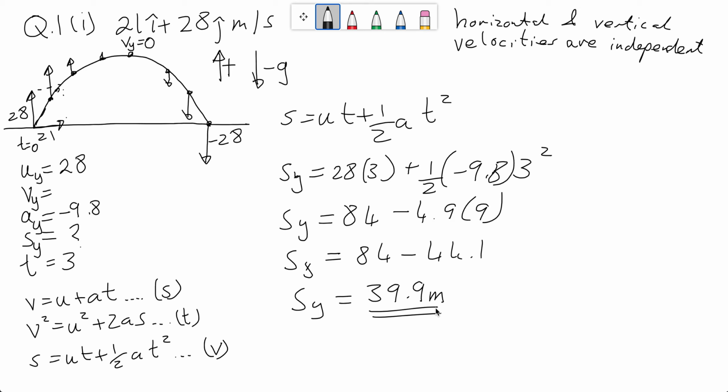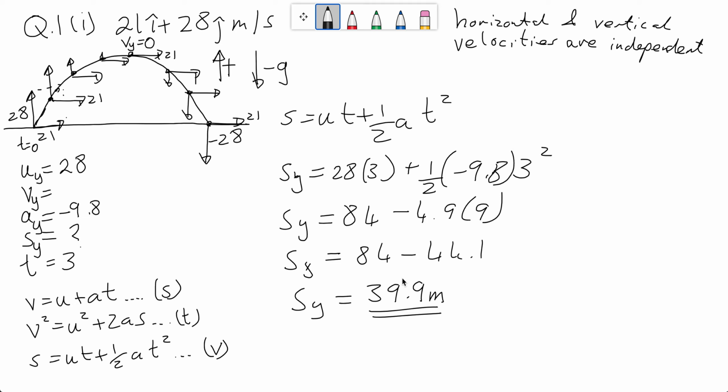But what's important to realize is that the horizontal velocity, remember, is constant. It's always the same. It never changes because there's no force in that direction. So that's always 21. And that means that this thing traveling up and traveling back down is independent of this horizontal velocity. So if it was fired up at 28 meters per second, after 3 seconds, it reaches a height of 39.9 meters.